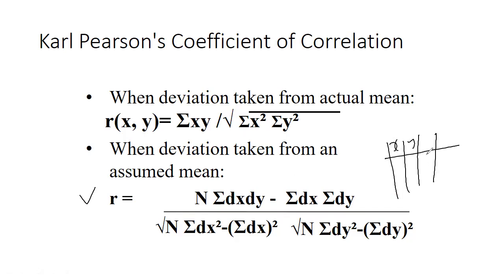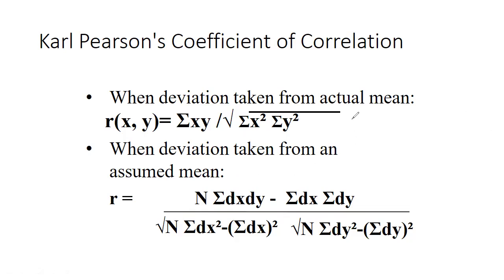In the third column we can create dx. Dx means xi minus x bar, dy means yi minus y bar, and then we multiply dx dy, and then dx square and dy square.